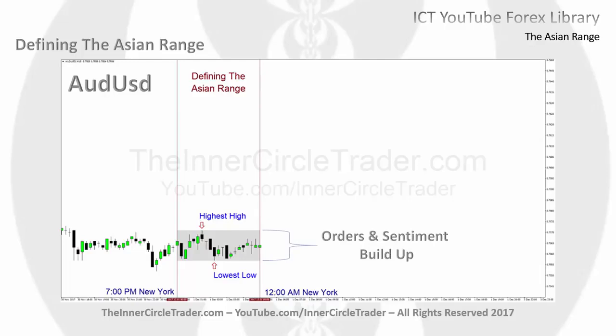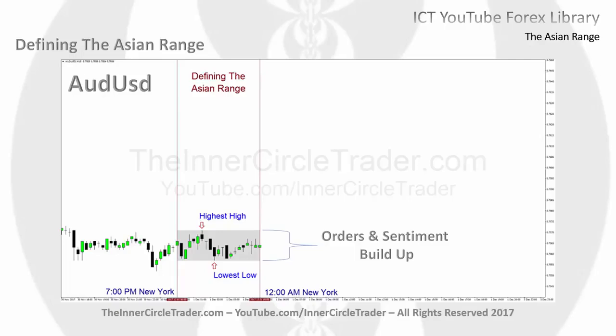During this range, what's actually happening is there are orders coming in and stacking up above the market and below the market relative to that range. And it's also building up a market sentiment.